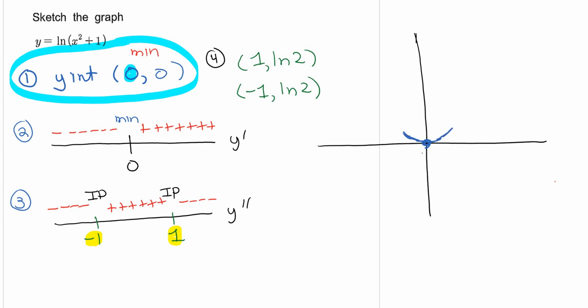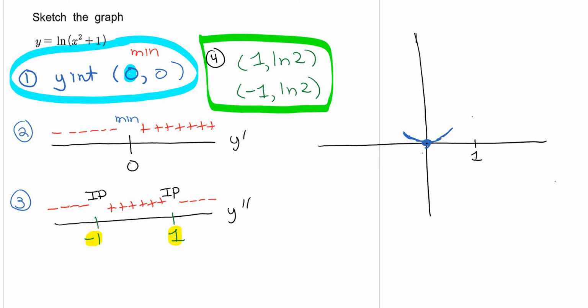And then let's go ahead and plot the inflection points next. So 1, ln 2, so let's just say this is 1. So that point there could be 1, ln 2. And then if I line that up to the other side here, let's just say this point right here is -1, ln 2. Okay, and then let's go ahead and just continue the sketch here.